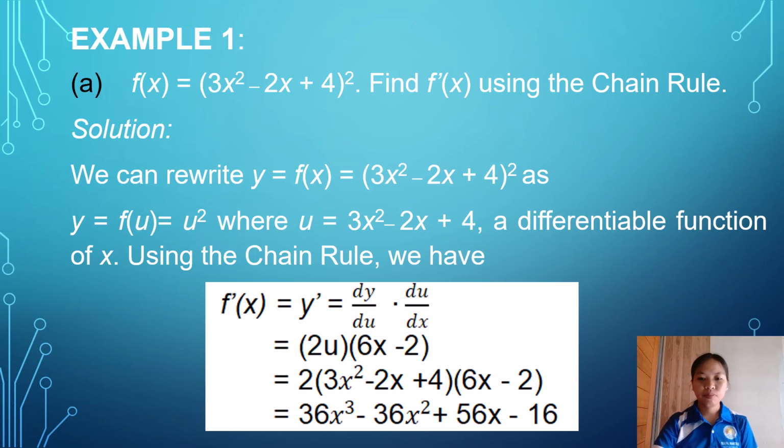Then we substitute the expression for u, multiply this together and simplify, and that gives us 36x cubed minus 36x squared plus 56x minus 16.